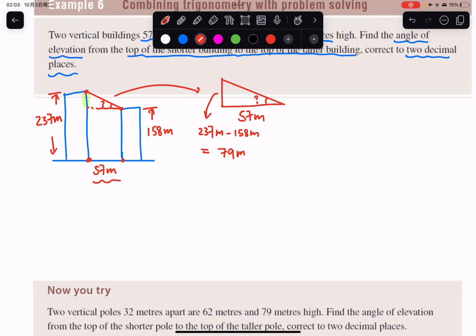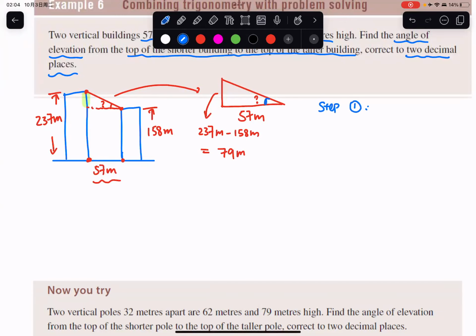Now we know two sides, and it's asking for an angle. So for this question, we're not going to use 4A. We're going to use what we learned from 4B: when you know two sides of a triangle, you can use the trigonometric ratio to find the angle, the degree. Step one, same thing, I'm going to label it.